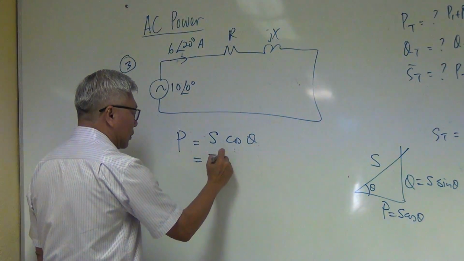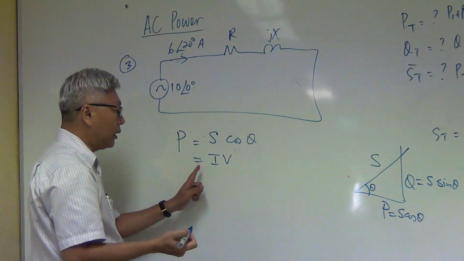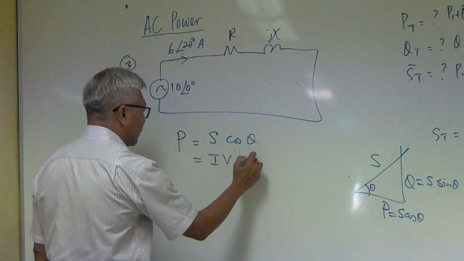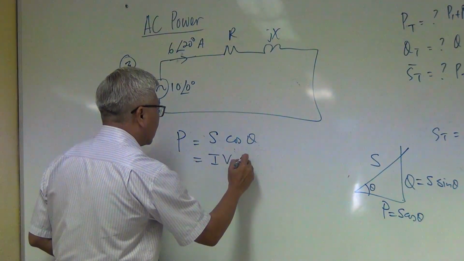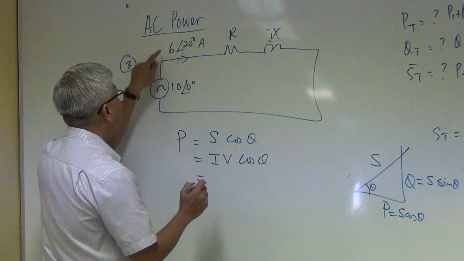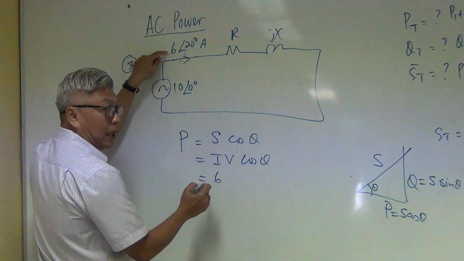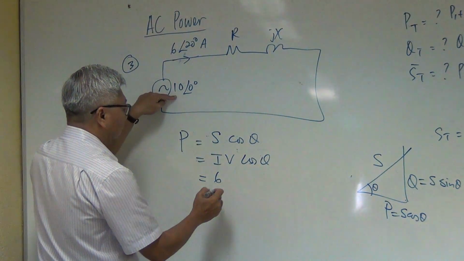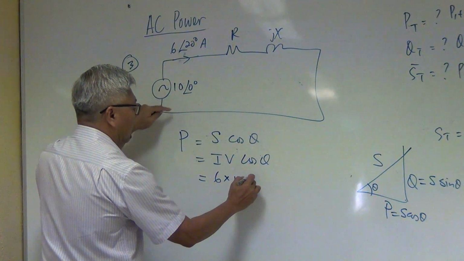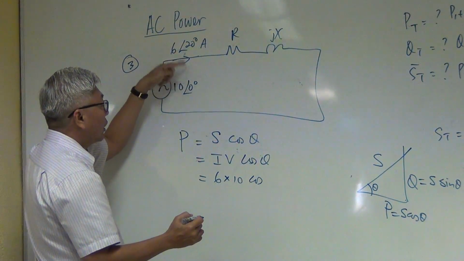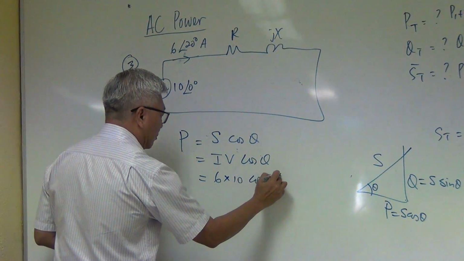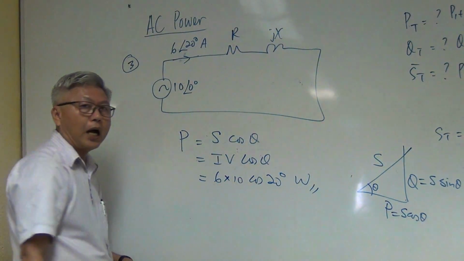S is I times V. Power formula, remember? I times V cosine theta. P equal to IV cosine theta. Okay? The value of the I is the RMS current, RMS 6. The RMS voltage here is 10. Cosine of the angle between the voltage and the current, which is 0 and 20, so it's 20 degrees. So it's watts. IV cosine theta.